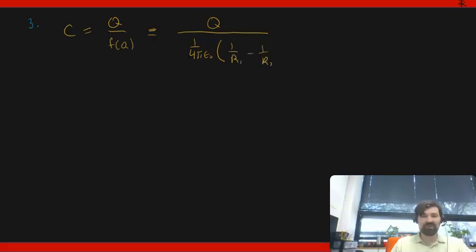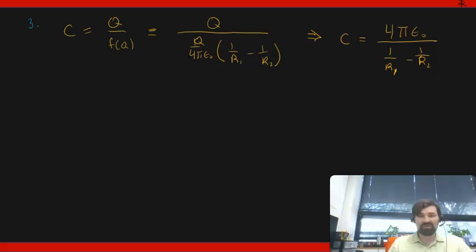Step 3 basically says C equals Q over function of Q. Okay, so that means that I have Q divided by 1 over 4 pi epsilon naught times 1 over R1 minus 1 over R2 times Q. And so that basically means that my capacitance for this system should be 4 pi epsilon naught divided by 1 over R1 minus 1 over R2.